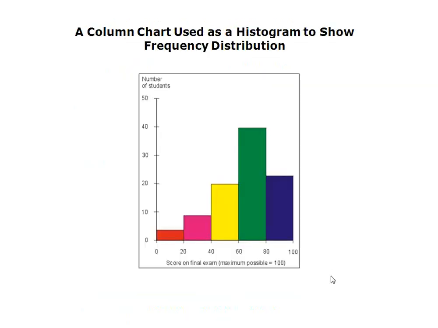Now, I'm not really very expert on histograms, which show frequency distribution, because it's not something I do a lot in my work. But it's another thing that bar charts can be very good at. For instance, in this one, they wanted to see the distribution of scores among students. So they took ranges of scores on a test.